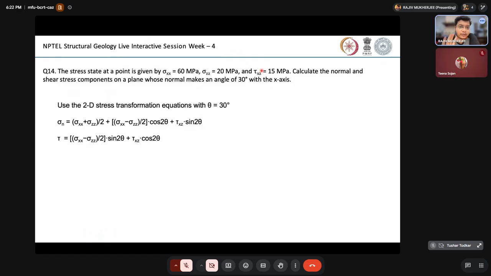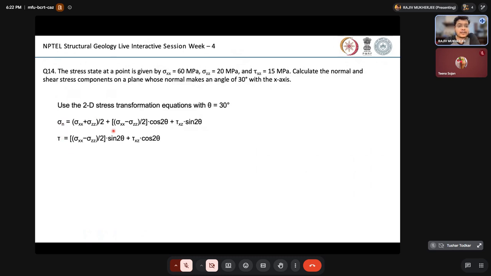So the thing is, there are three stress components given, not two. So when we are applying the third stress component, we take the sine and cosine while calculating the normal and the shear stress components respectively, right? So this will give you the normal stress and this will give you the traction.